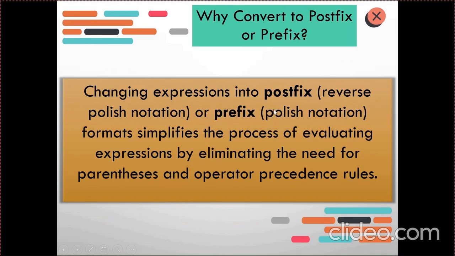So the million dollar question is, why would you convert expressions? That means infix to postfix or infix to prefix. The answer is, changing expressions into postfix, which is also known as reverse Polish notation, or prefix, which is known as Polish notation, simplifies the process of evaluating expressions by eliminating the need for parentheses.